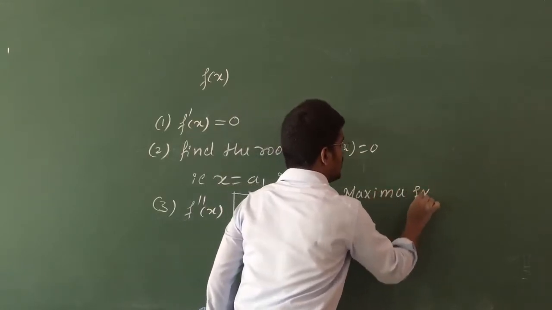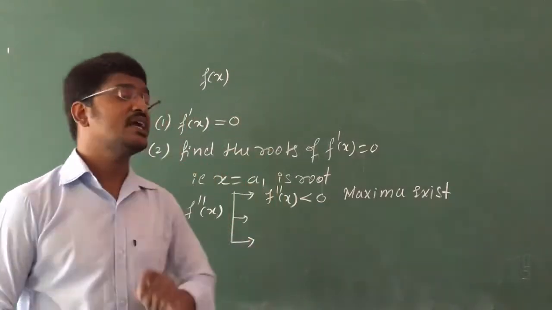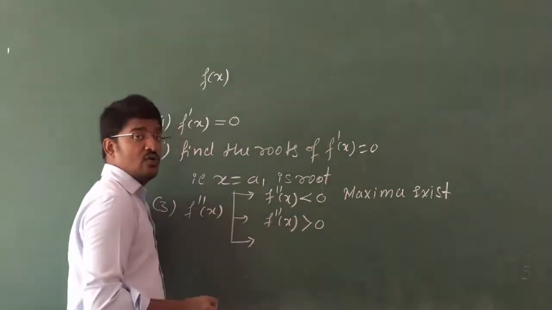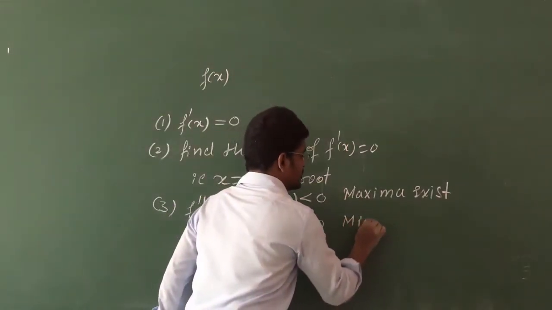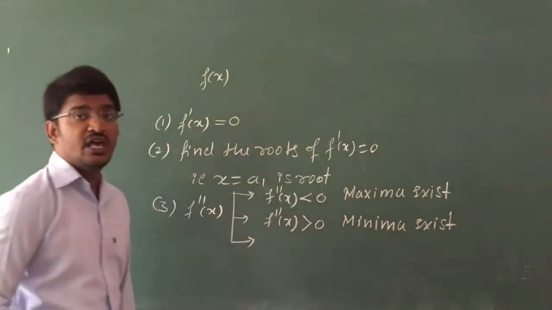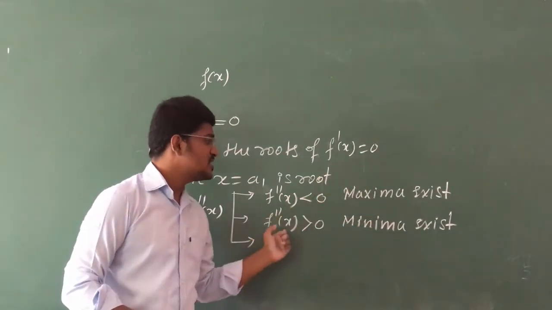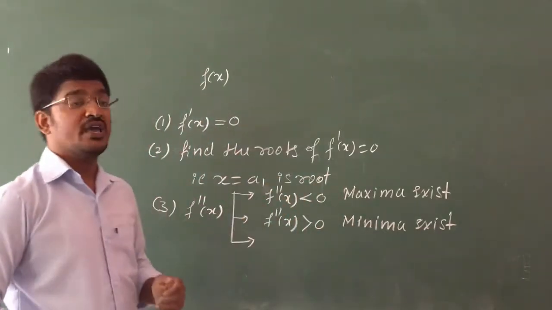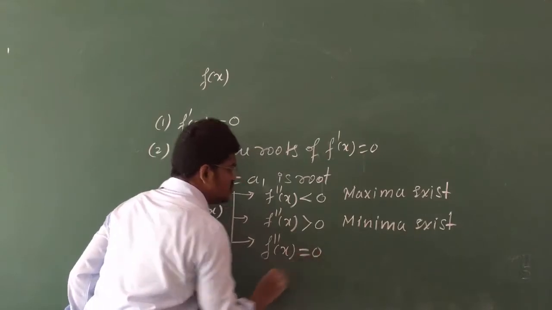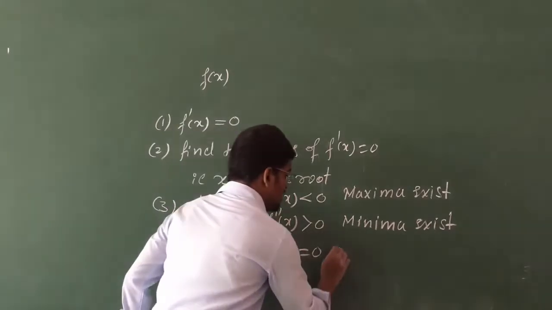That is, maxima exists. f double dash of x is lesser than 0, maxima exists. f double dash of x is greater than 0, minima exists. Clear? Suppose f double dash of x is equal to 0, then calculate f triple dash of x.